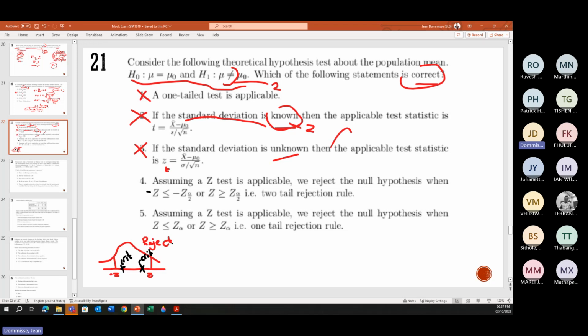Okay, so if the critical value is smaller than my t-stat, and I think I've jotted it down on other slides as well, we will reject the null hypothesis.